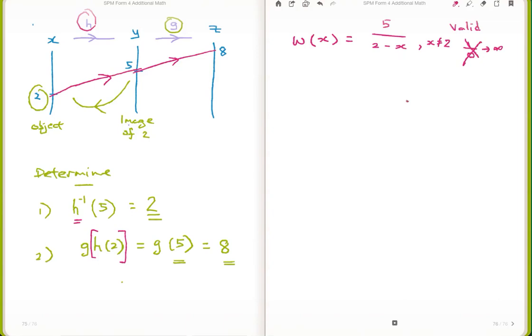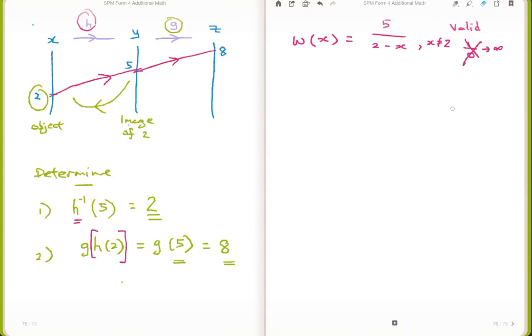So, let me repeat. This is some of those objective questions, or paper 1. In order for 1 over 2 minus x to be valid, 2 minus x cannot be equal to 0. Therefore, 2 cannot be equal to x. Let me rewrite this.